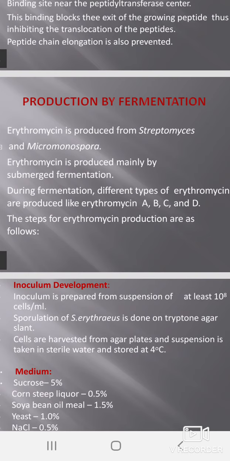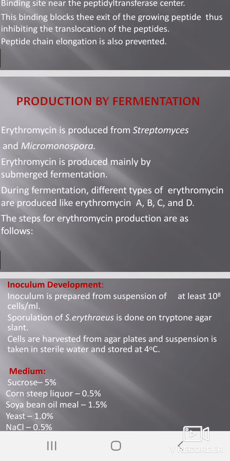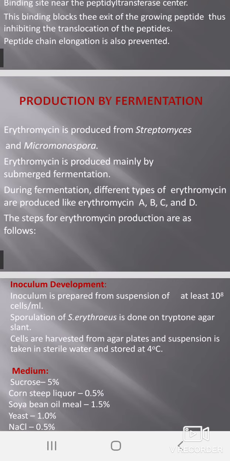During fermentation, different types of erythromycin are produced, like erythromycin A, B, C, and D. The steps for erythromycin production are as follows. Inoculum development: inoculum is prepared from a suspension of at least 10^8 cells per ml. Sporulation of S. erythraeus is done on tryptone agar slant. Cells are harvested from agar plates, and the suspension is taken in sterile water and stored at 4 degrees Celsius.